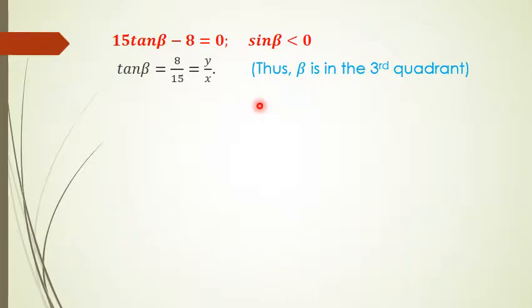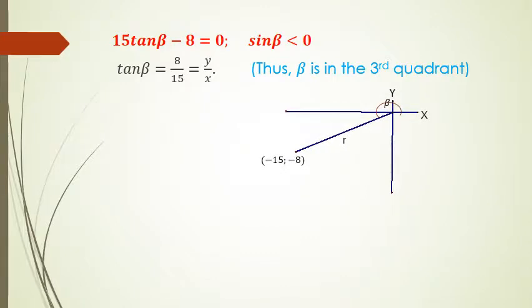Now we are ready to sketch a diagram. That is our angle beta lying in the third quadrant. And we know in the third quadrant both x and y are negative. So x is actually minus 15 and y is minus 8. Now we are ready to calculate the value of r using Pythagoras theorem.